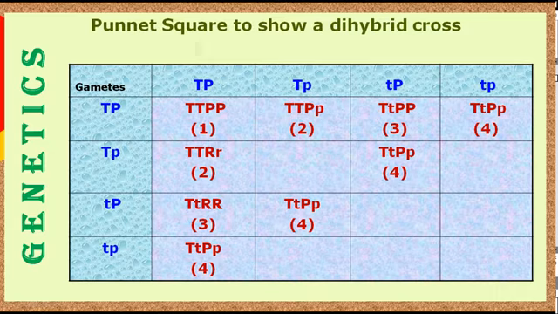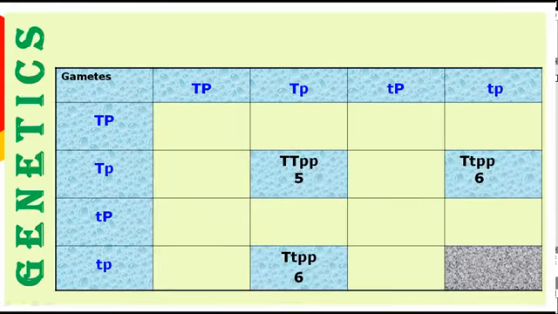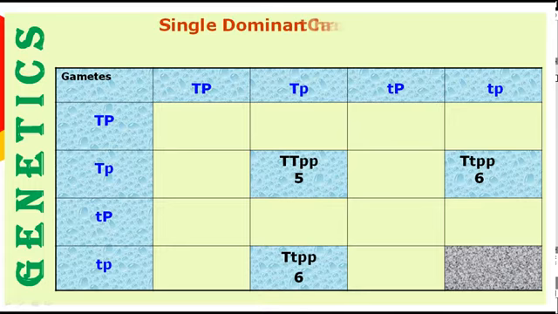These are 9 tall and purple. Again, these 3 have capital T, but both copies are small p. So these are tall and white. One is dominant, another is homozygous recessive.